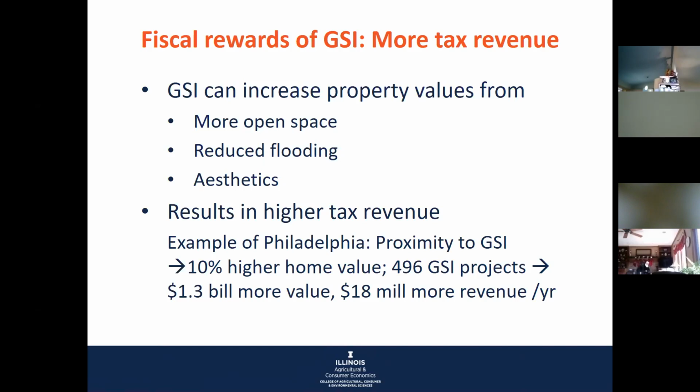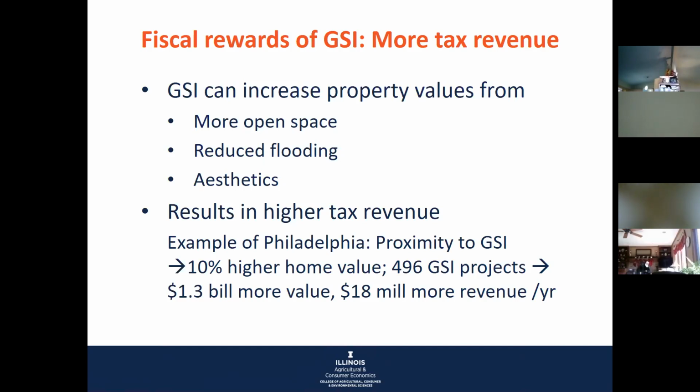One example from the city of Philadelphia: they estimated that proximity to green stormwater infrastructure was leading to 10% higher home values for properties close to those things.